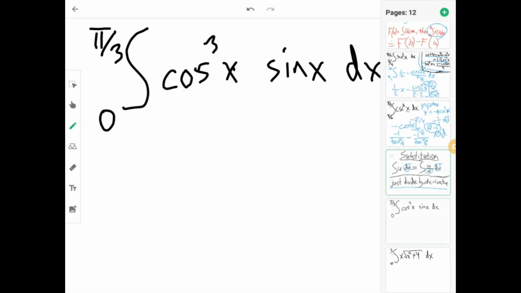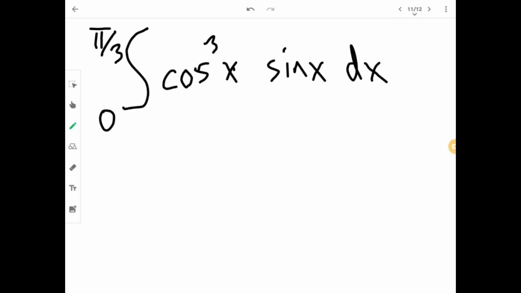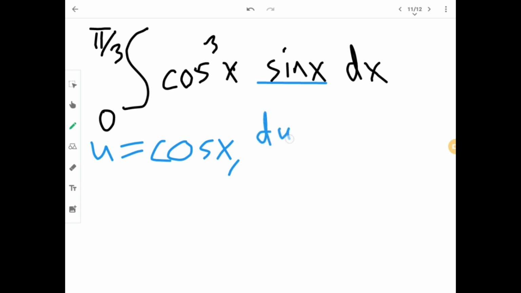So an example, cosine x cubed sine x. In these exams they'll have sine x in the function. So when you divide by the derivative, it'll be very simple for you. It will cancel out perfectly. So u equals cosine x, du over dx equals minus sine x, the derivative.